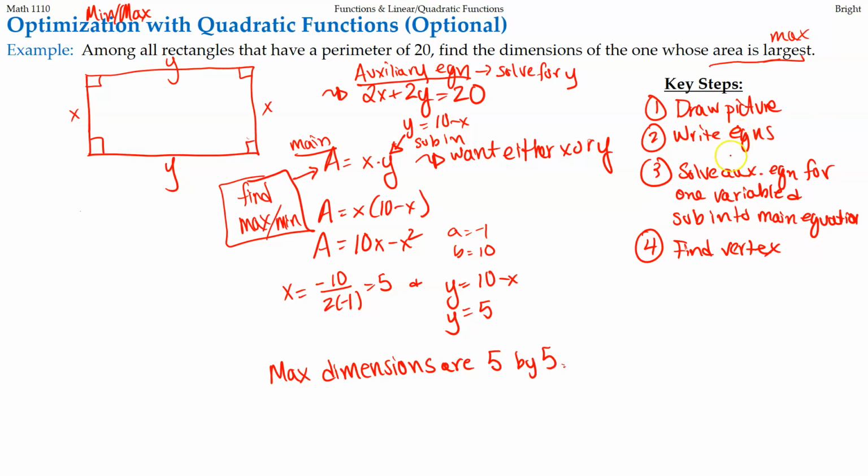That completes the problem, but let's review what we did. We drew a picture, we wrote out equations, we solved the auxiliary equation, the one that isn't associated to a maximum or minimum value, for one variable, substituted it into the main one, and then what we were really doing was finding the vertex.